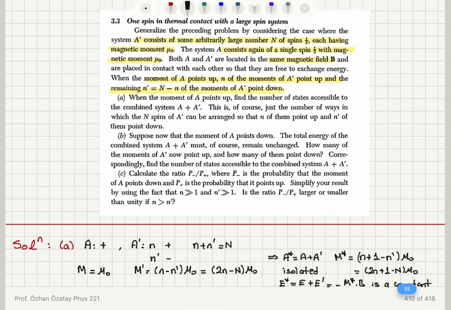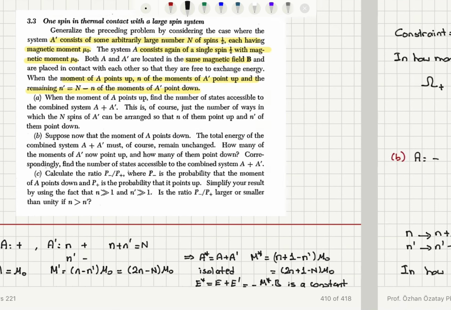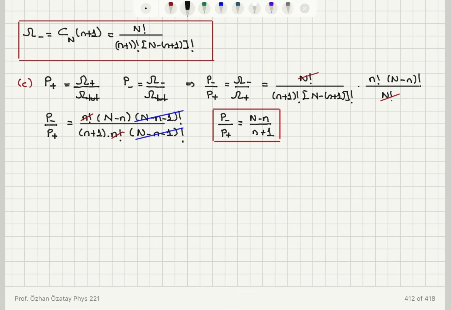So that was the first task, and now the task is simplifying the answer for the case n is much greater than 1 and n prime is much greater than 1. So capital N minus n is basically n prime, and here I have n plus 1.